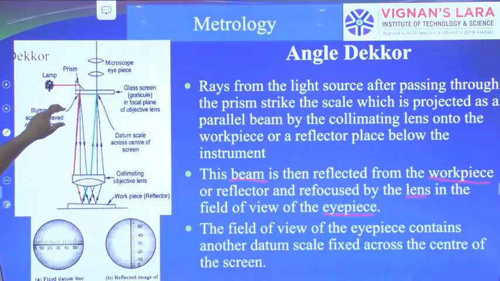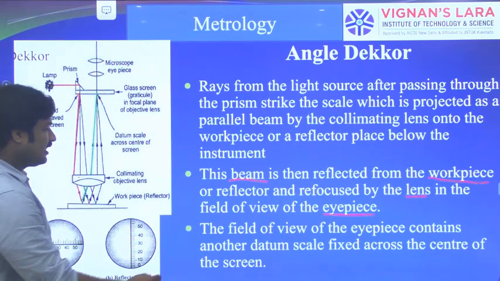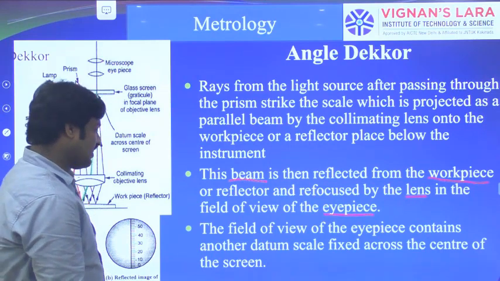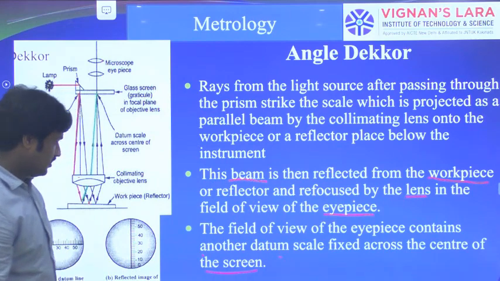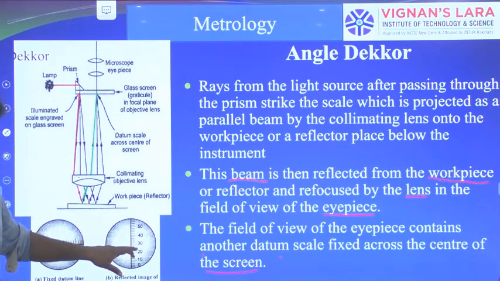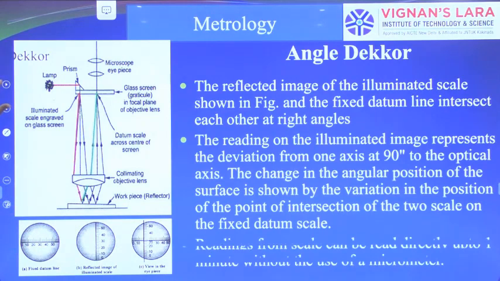So the light ray emitted from the light source is now at the workpiece. Now from the workpiece, it reflects again and can be viewed from the microscope. The field of view of the eyepiece consists of another datum scale fixed across the center of the screen. As indicated, there are two lines, one horizontal and one vertical. These two can be viewed from our microscope.